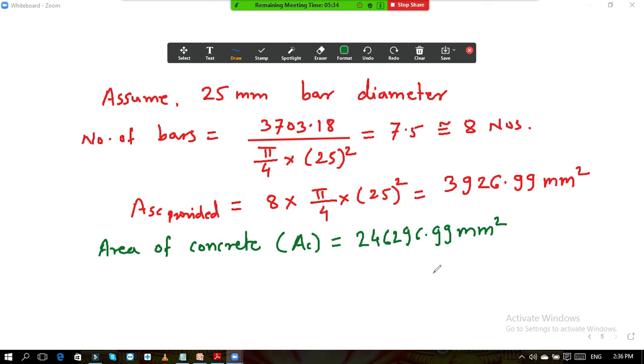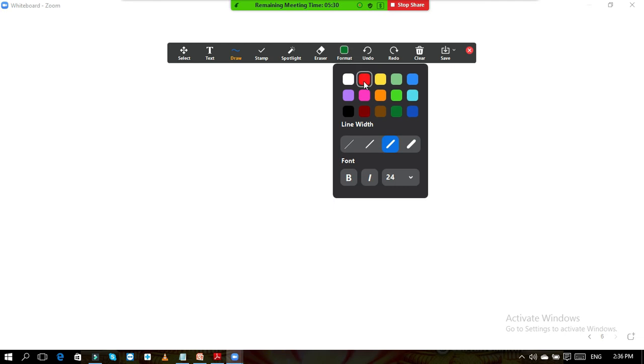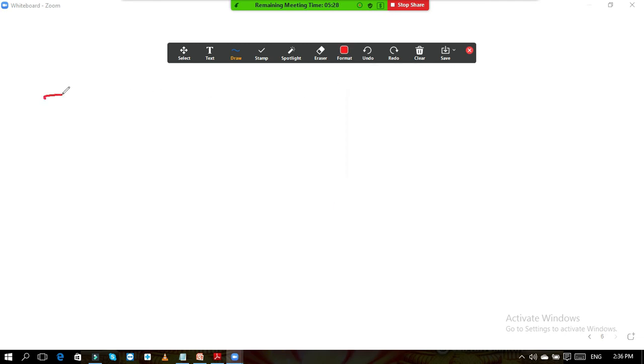Now after this we will go for transverse reinforcement. What does the clause say for the transverse reinforcement about the diameter?